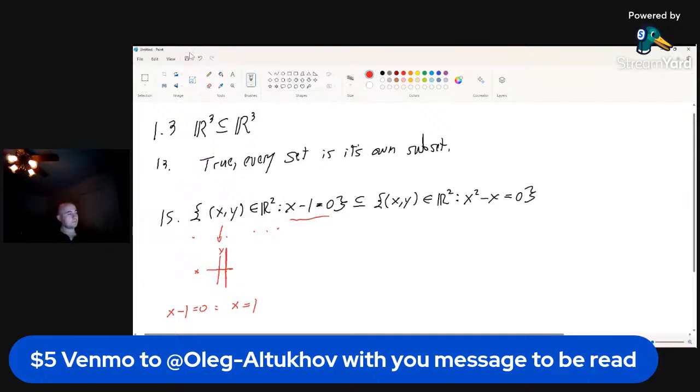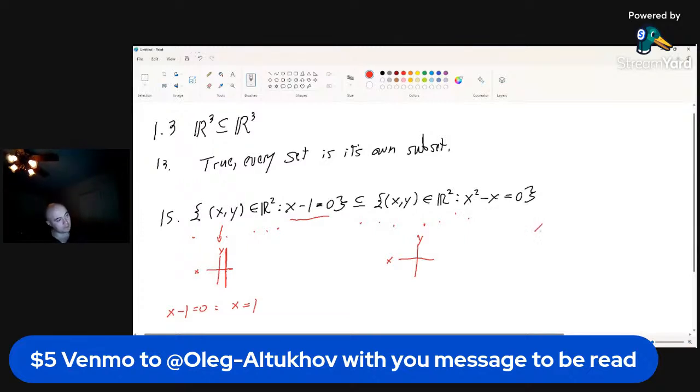So now, is this a subset of the ordered set x and y, which contains the real space of R2, x, y, such that x squared minus 1 equals 0?